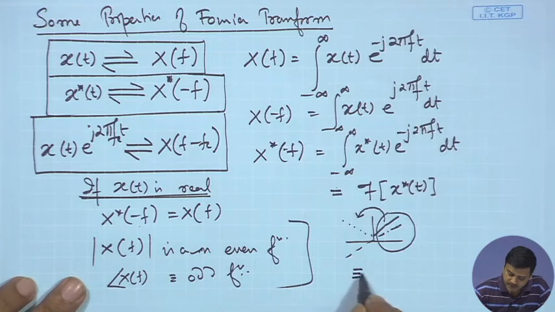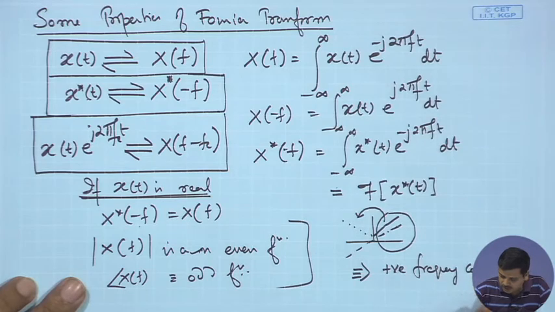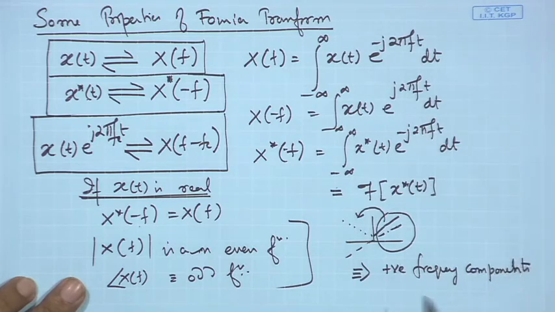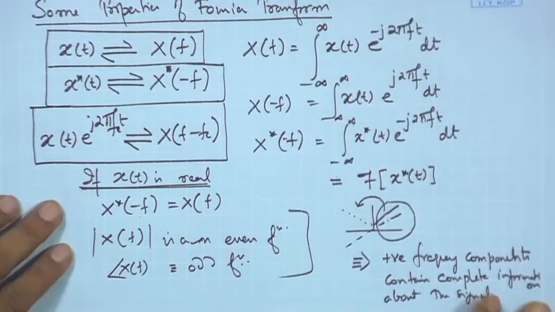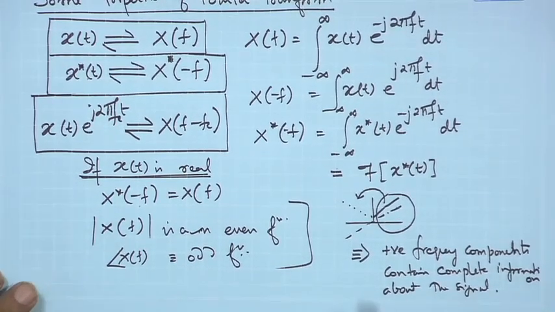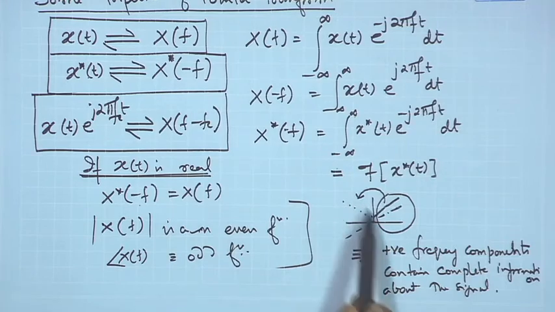Effectively, it tells us that the positive frequency components contain complete information about the signal. This is very important, that we do not require the negative side of the signal components.